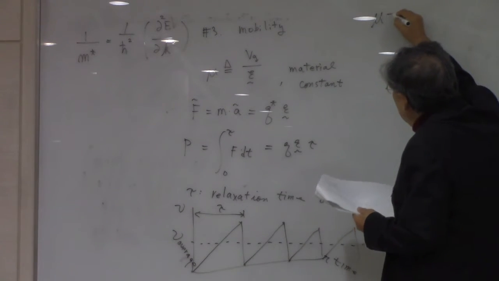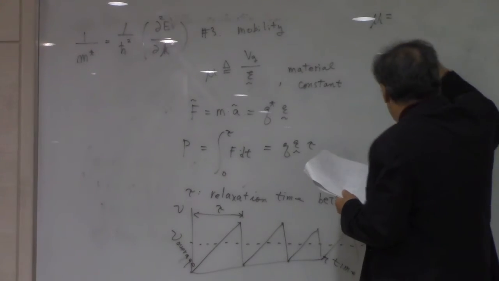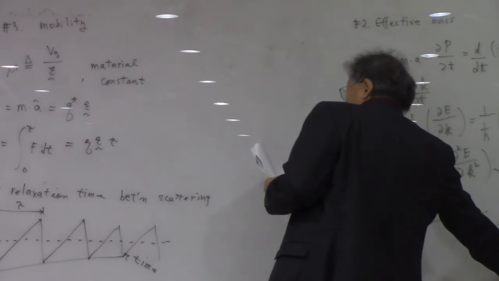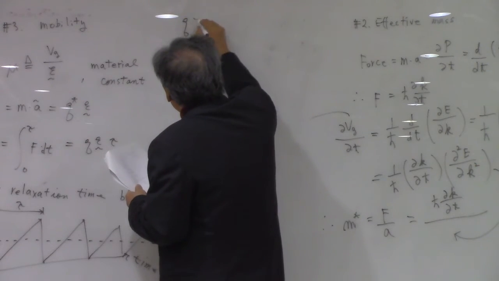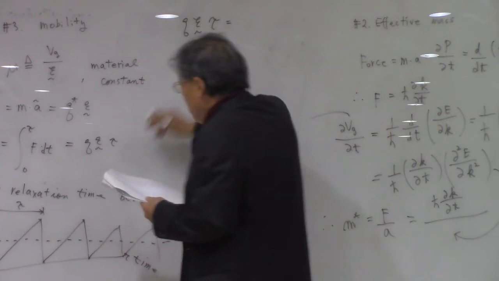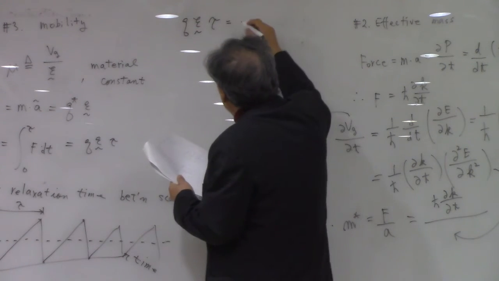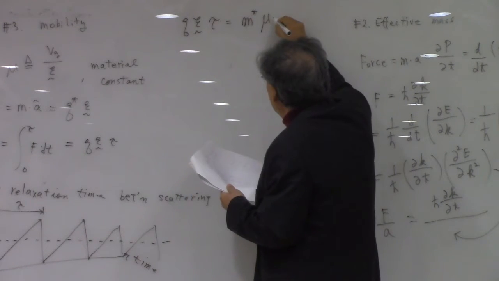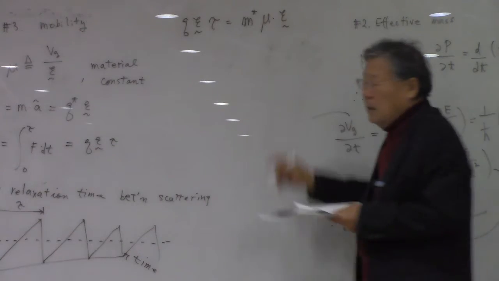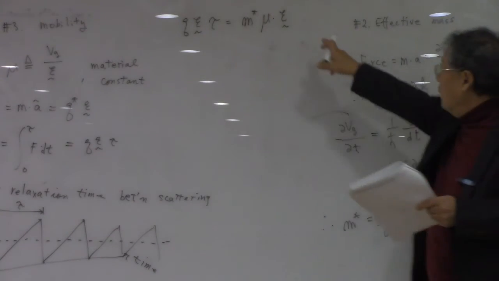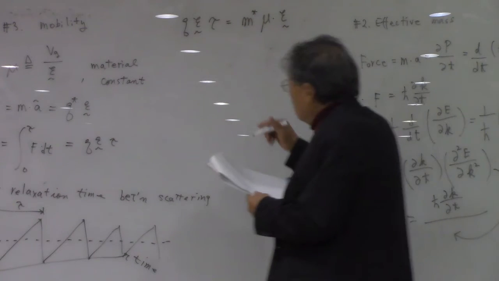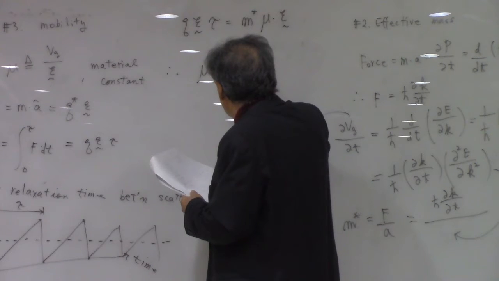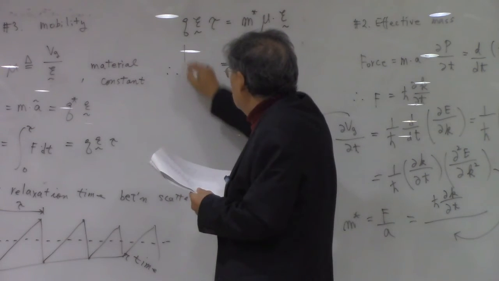So the mobility now becomes something like this: qE tau is the momentum, which is mv, and velocity is the multiple of mobility with electric field.